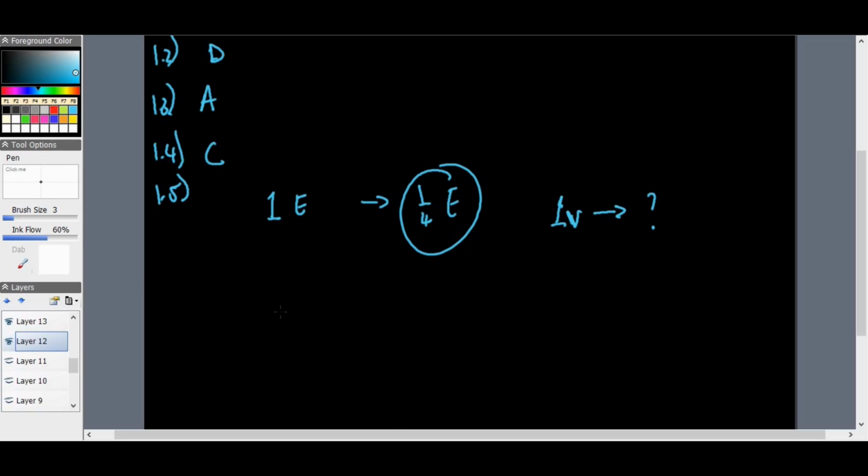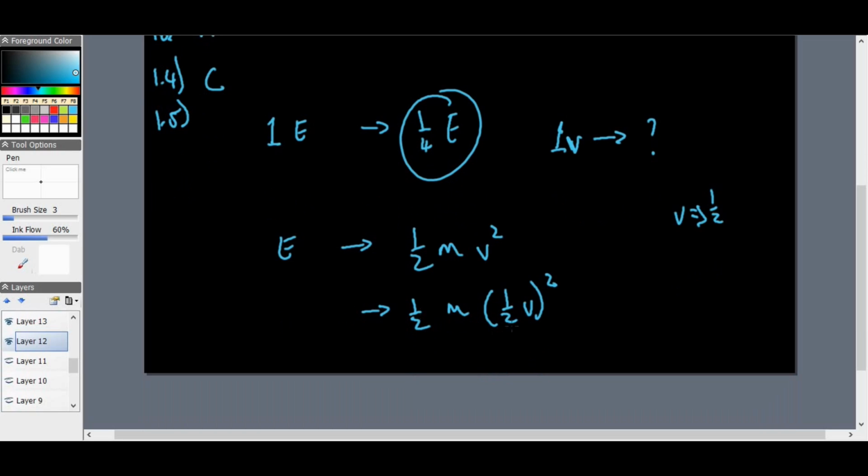It's way better to do this. E is half mv squared. So what happens if v went to a half v? Now we've got a half times m, and let's put in a half v all squared.